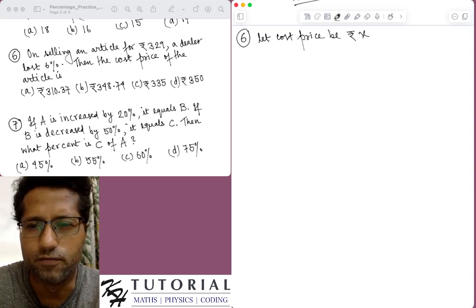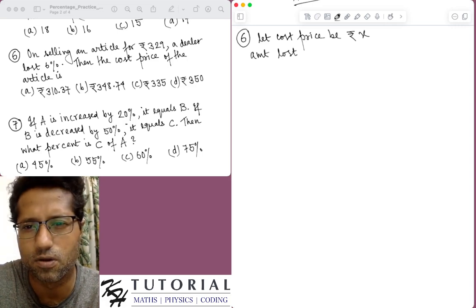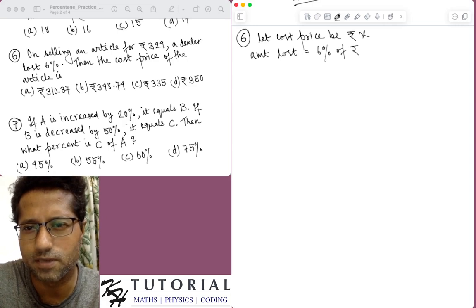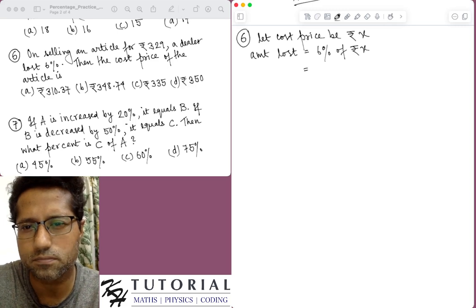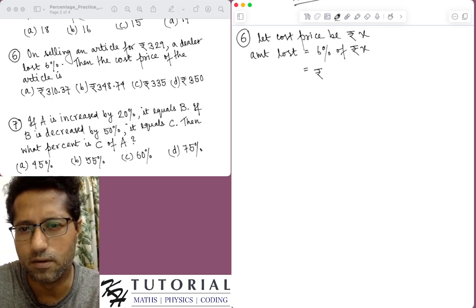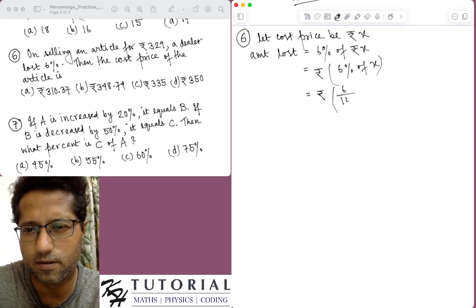So, if the cost price is x, then the amount lost is 6% of rupees x, where x is the cost price that we have assumed. This equals rupees 6% of x, which means 6 by 100 into x.